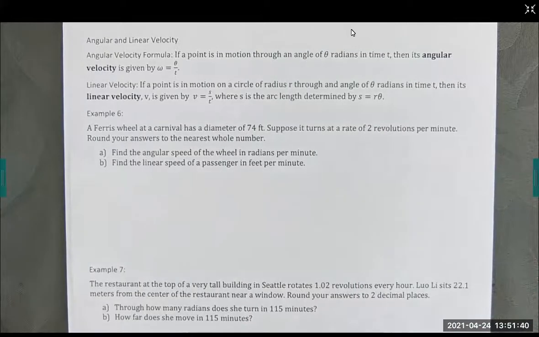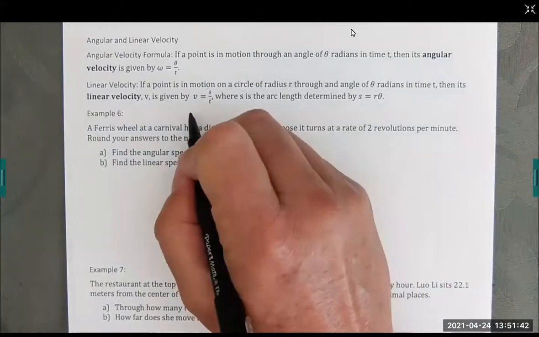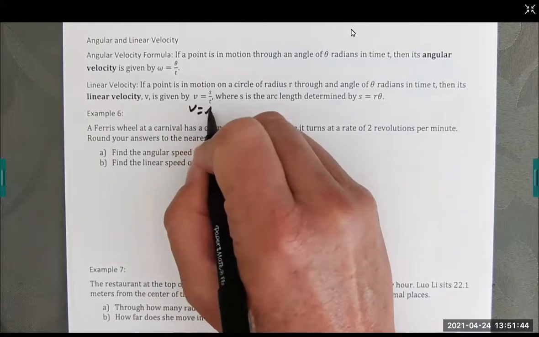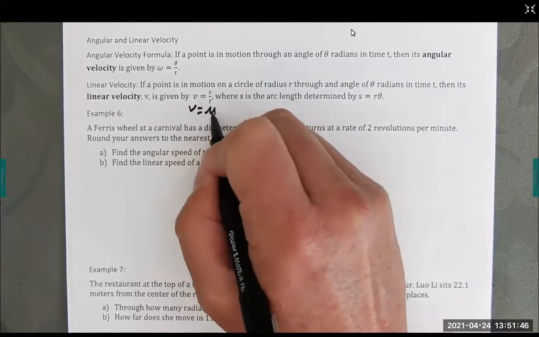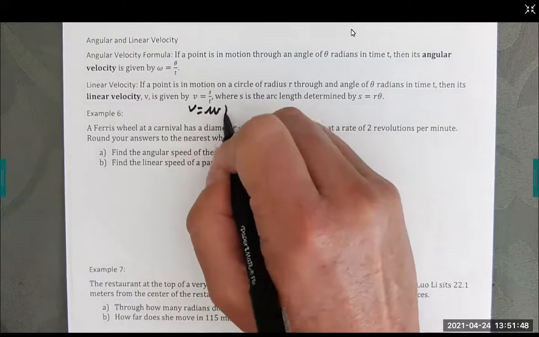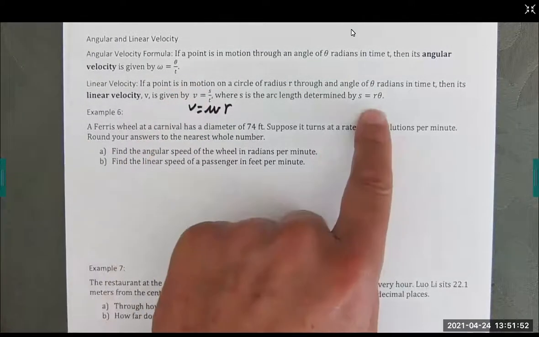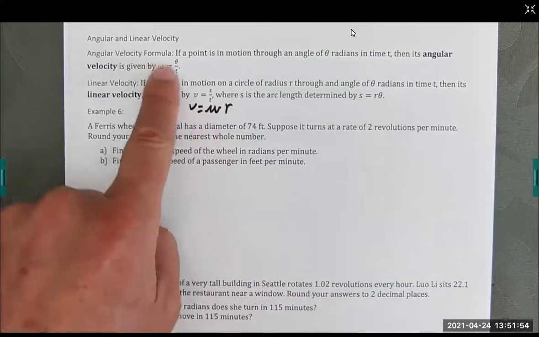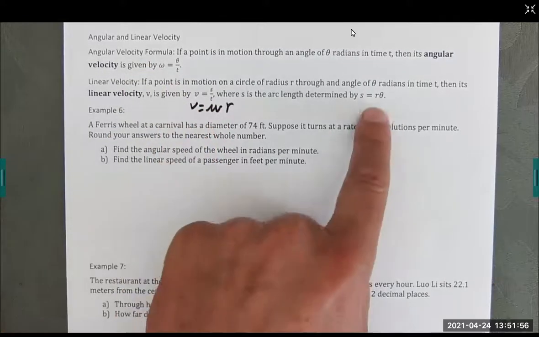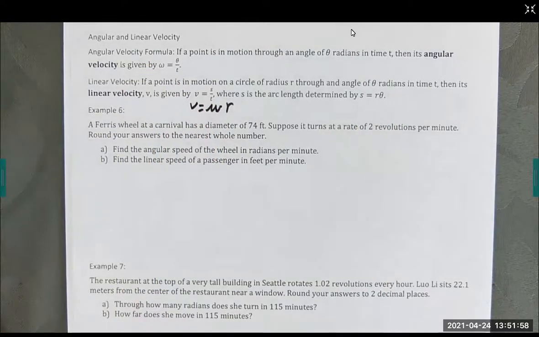And there's variations to this. We could say that V is also equal to omega times R, is another way, because you can see the S is going to be R theta, but you can see theta over T, which is the omega times the R. So there's different variations for it.